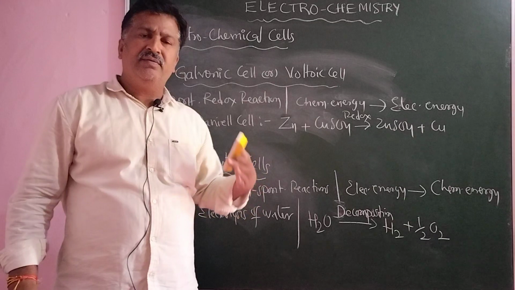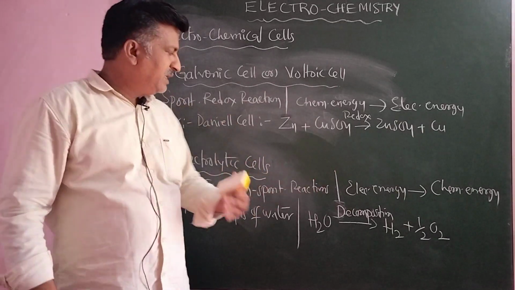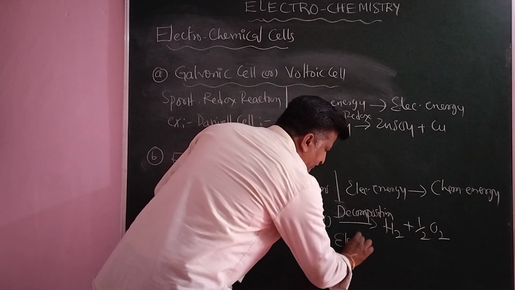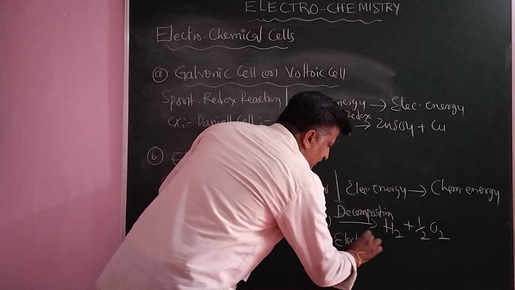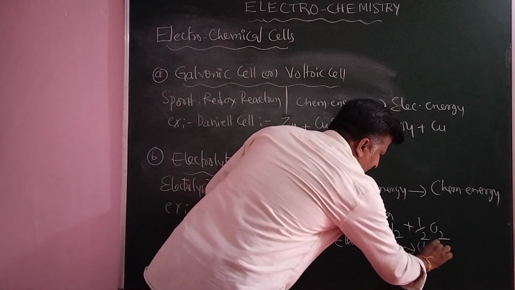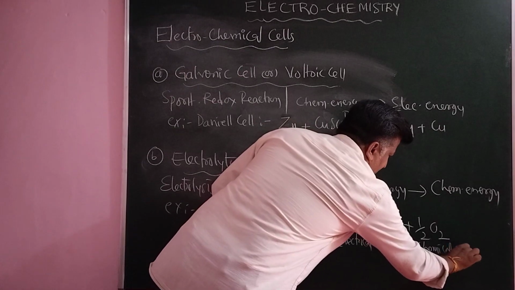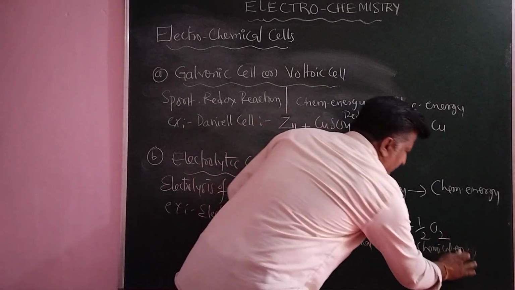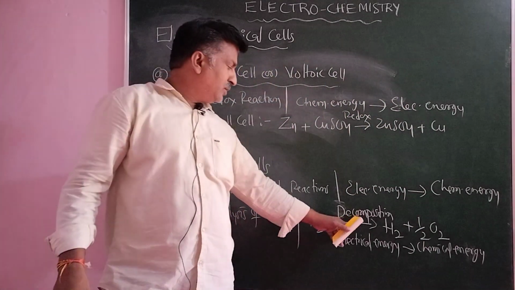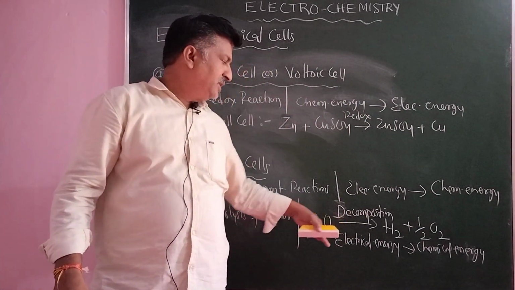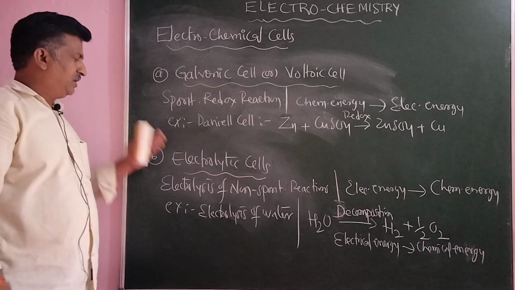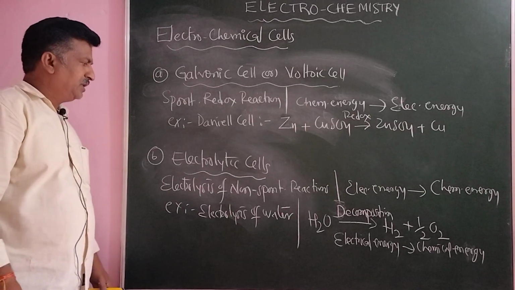This reaction will not take place on its own. So electrical energy we are supplying so that decomposition takes place and it gets converted into the chemical energy. So that is about the galvanic cell and the electrolytic cells.